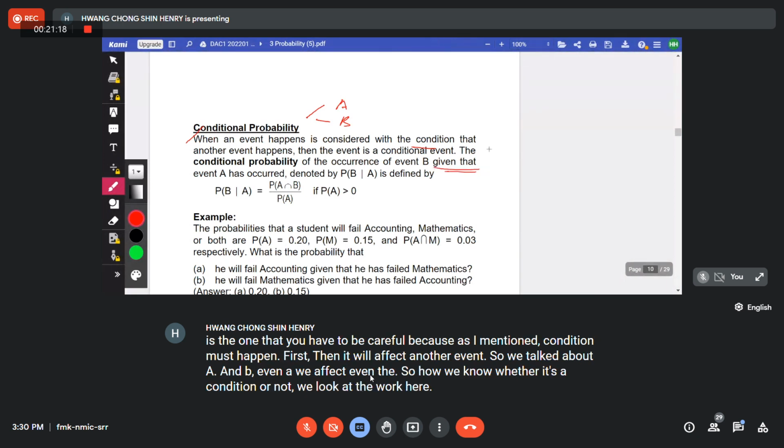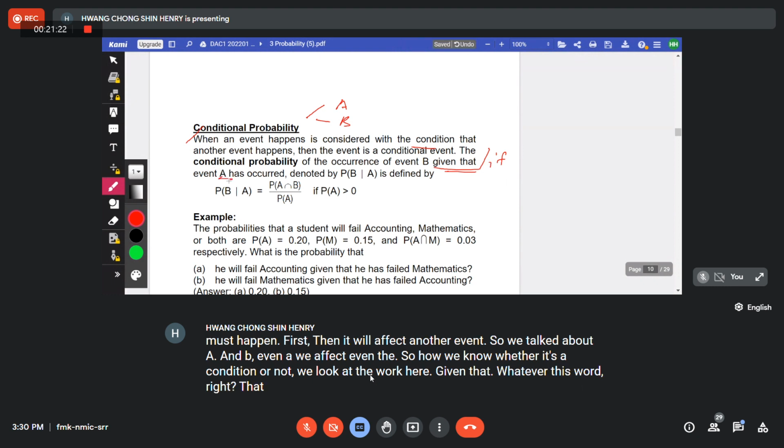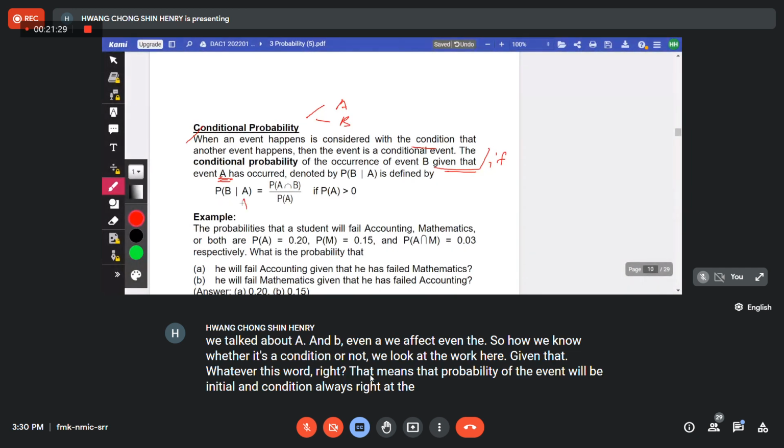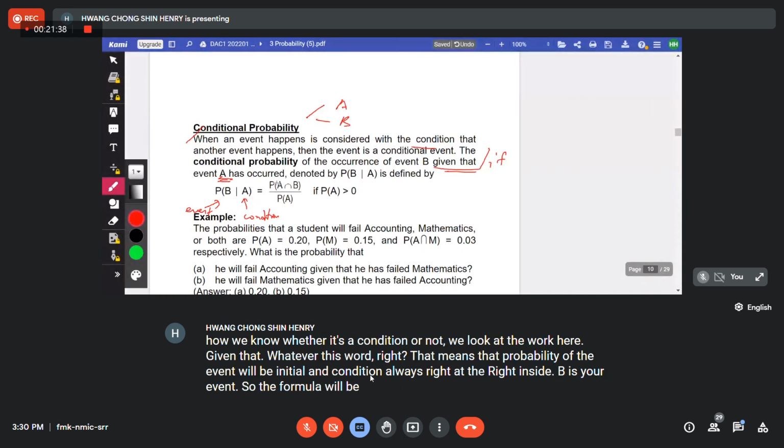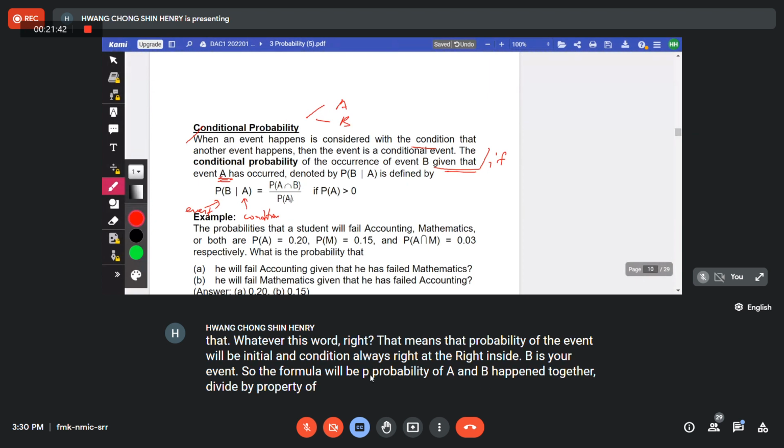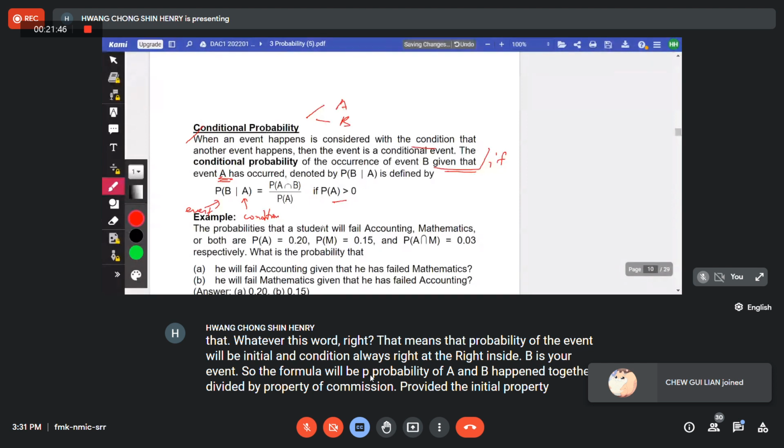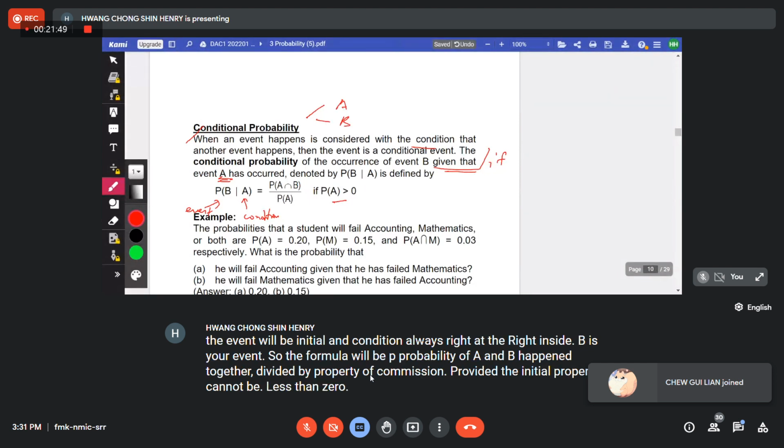Given that, whatever this word, that means the probability of the event will be conditional, and the condition is always at the right hand side. B is your event. So the formula will be P, probability of A and B happening together, divided by probability of the condition, provided the condition probability cannot be less than 0.